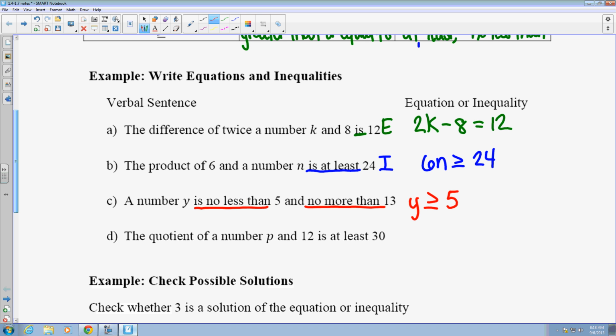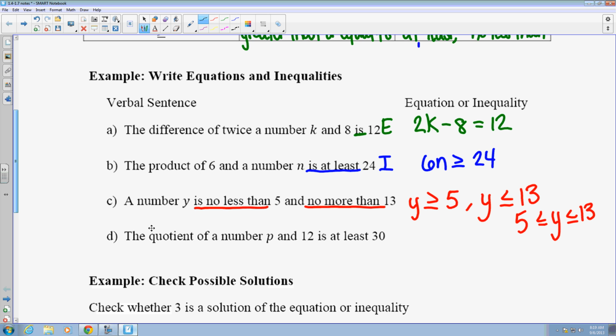And no more than I found under less than or equal to. So we know that y is greater than or equal to 5 and it is less than or equal to 13. Another way that we can write this, which is the tricky way, is 5 is less than or equal to y, which is less than or equal to 13. I'm going to say either one of these answers is correct, but the top one is probably a little bit easier to understand.